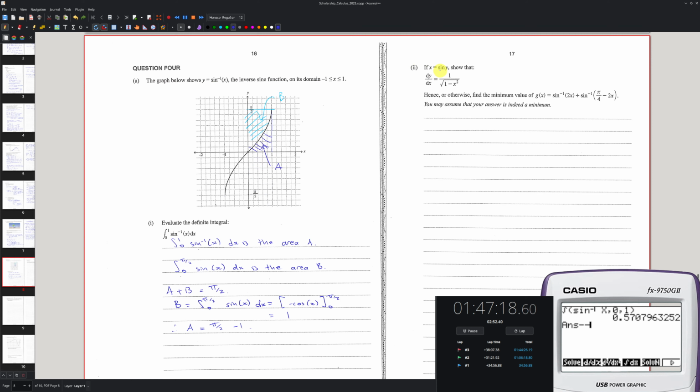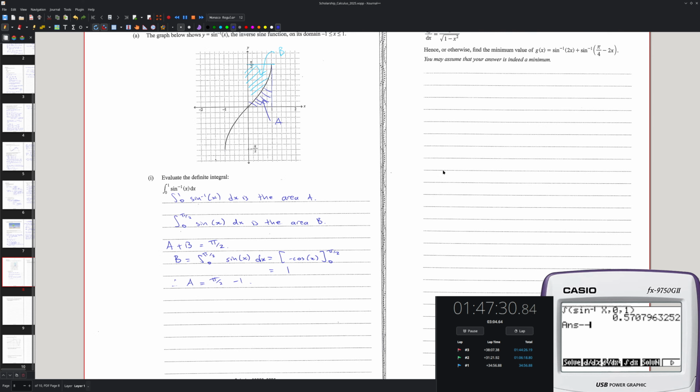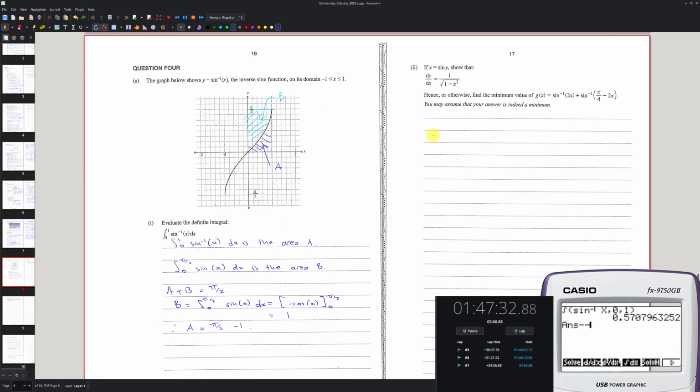Okay, so x equals sine y, show that this. Well, this is implicit derivative, right? X equals sine y.